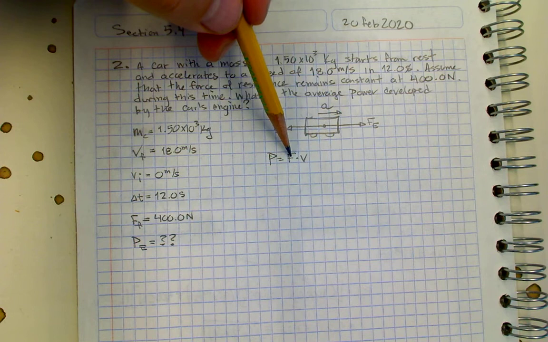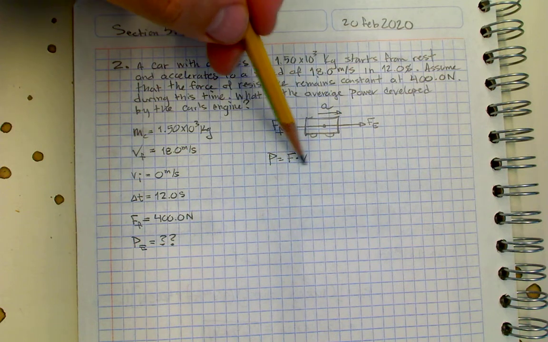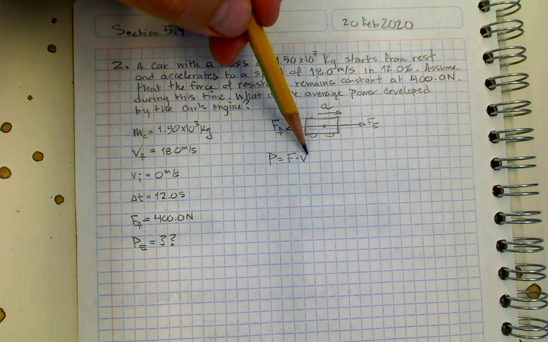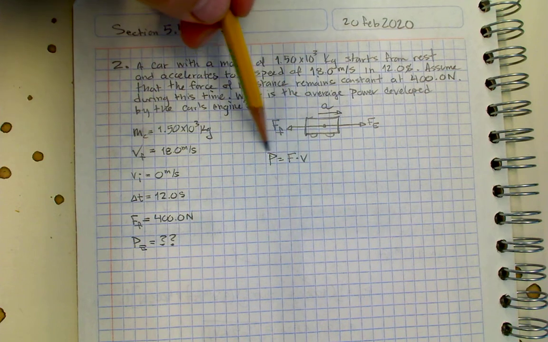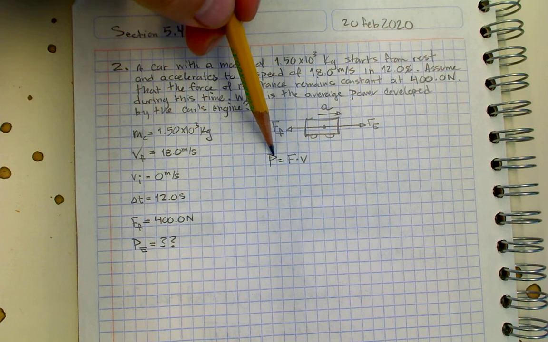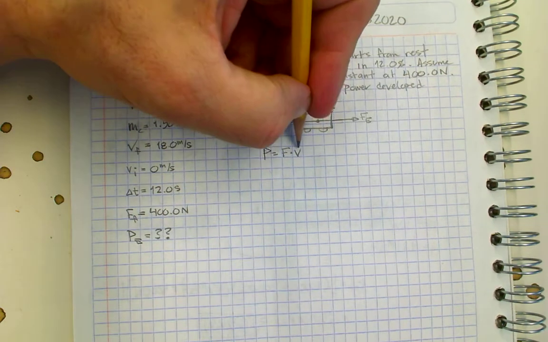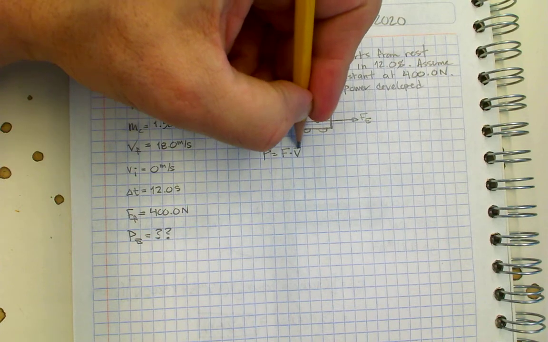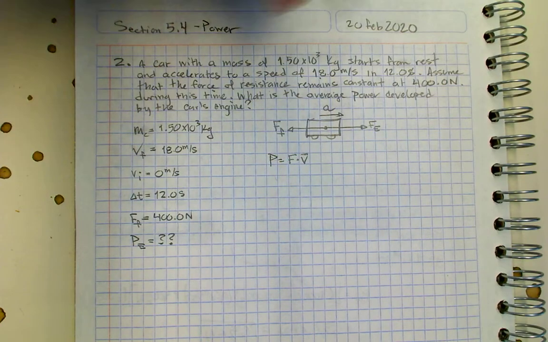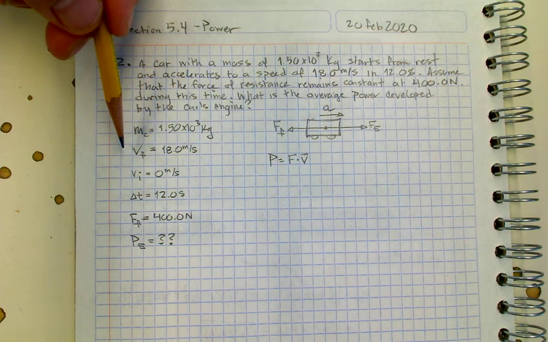If you apply a force and maintain a certain average speed, like in the elevator problem, then you're going to have a particular power requirement that comes out of that. So I'm going to put a bar over this to indicate that it's the average speed. It's not v sub i and it's not v sub f.